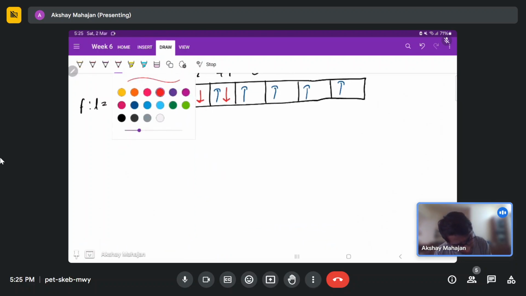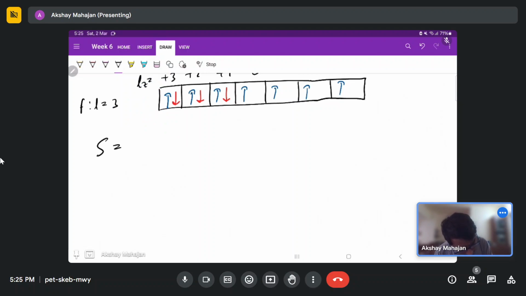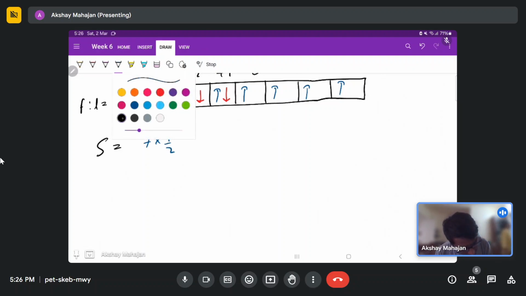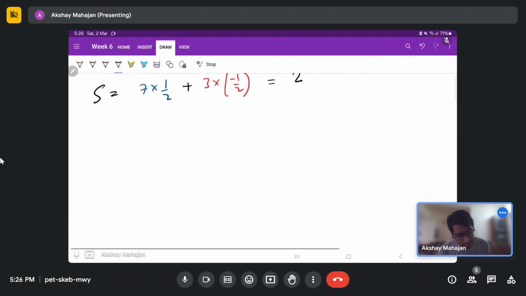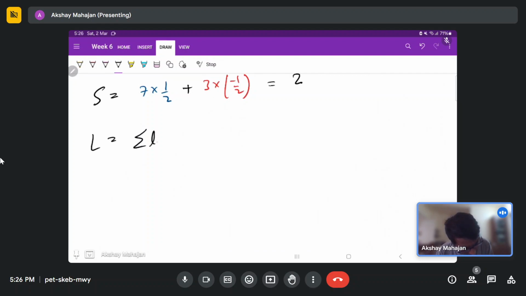So here our capital S value, in this case we have 7 of the plus half spin up electrons, and we have 3 of the minus half spin down electrons. So our S value will be equal to 2. Then the L value will be equal to the summation of Lz, and we have a summation from the spin up ones and a summation from the spin down ones.